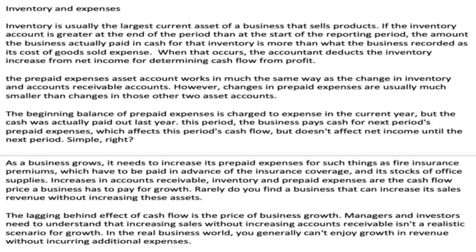The prepaid expenses asset account works in much the same way as the change in inventory and accounts receivable accounts. However, changes in prepaid expenses are usually much smaller than changes in those other two asset accounts.